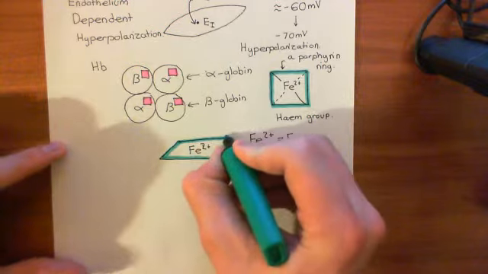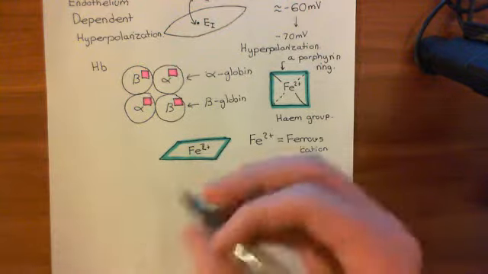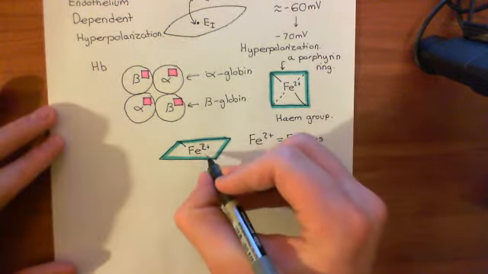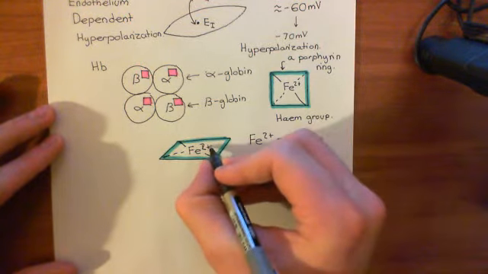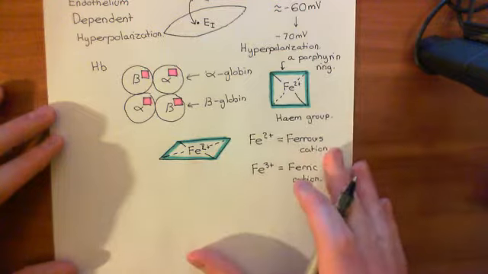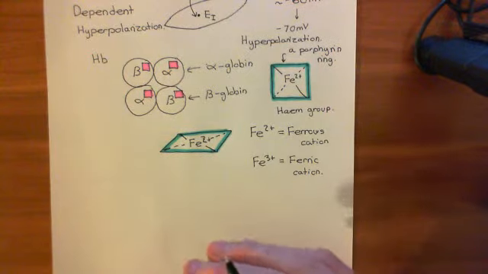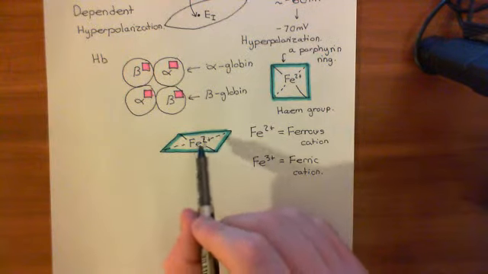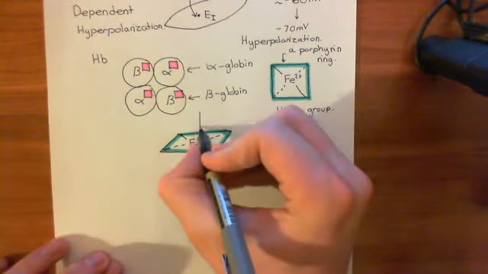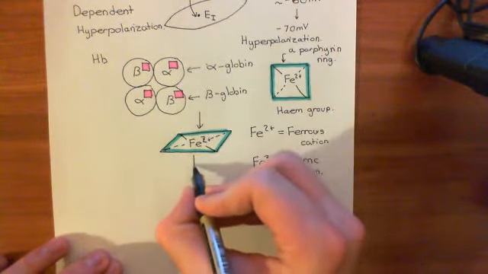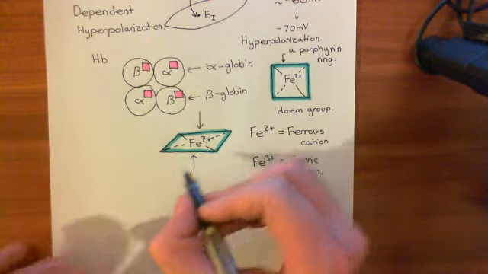It lies in a plane, and all these 4 coordinate bonds, as they're called, that are around the iron cation, these 2 covalent bonds and these 2 ion dipole bonds, are within the plane. Now this iron cation can coordinate 2 more bonds. It can coordinate a bond from above, and it can also coordinate a bond from below.